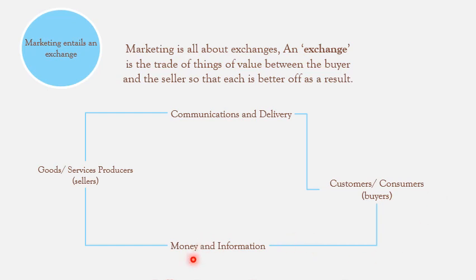And that tends to go on to money and information because that is what everybody looks at. And like I said earlier, you could be trading your time, you could be trading your energy, not just your money. And that tends to go to the goods and service producers, known as the sellers. And the cycle will just keep going and going in a loop because that's what marketing is. It is a cycle.